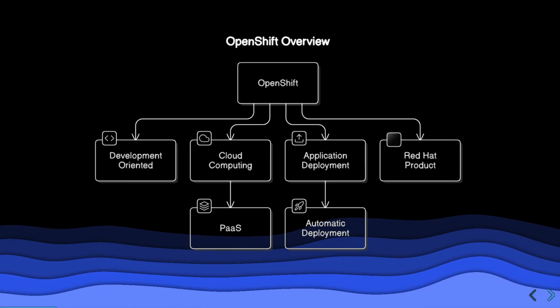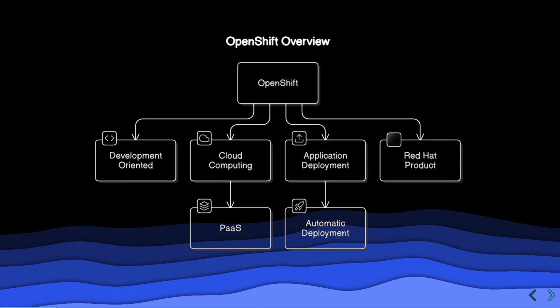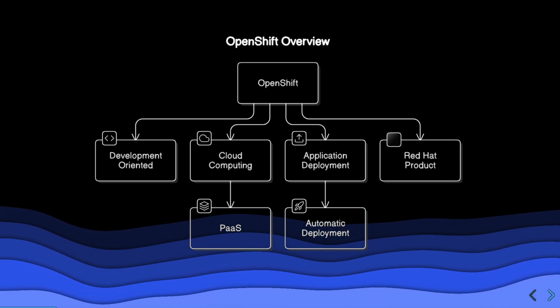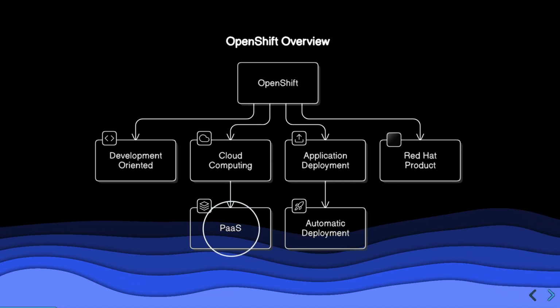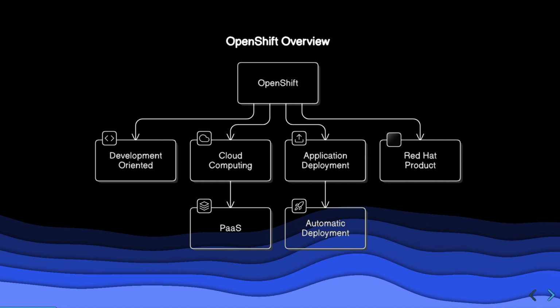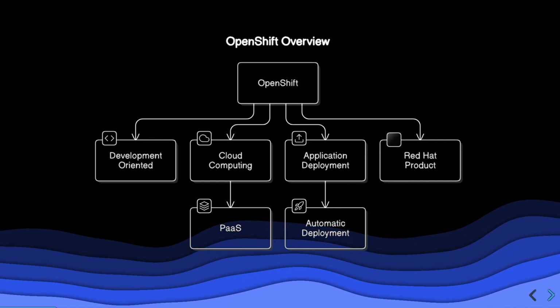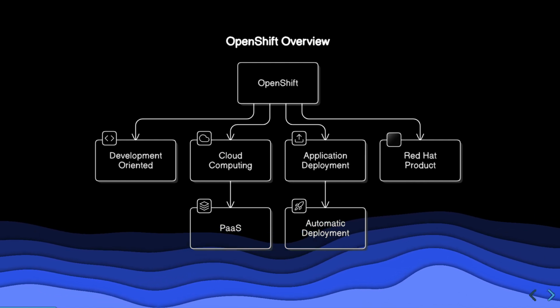Okay, so let's break down this OpenShift thing. It's described as a platform as a service, or PaaS. What does that even mean in plain English? So imagine a restaurant kitchen. The developer comes in with your recipe, your application code. In a traditional setup, you'd need to worry about everything: setting up the ovens, prepping the ingredients, managing the cooks, the works.